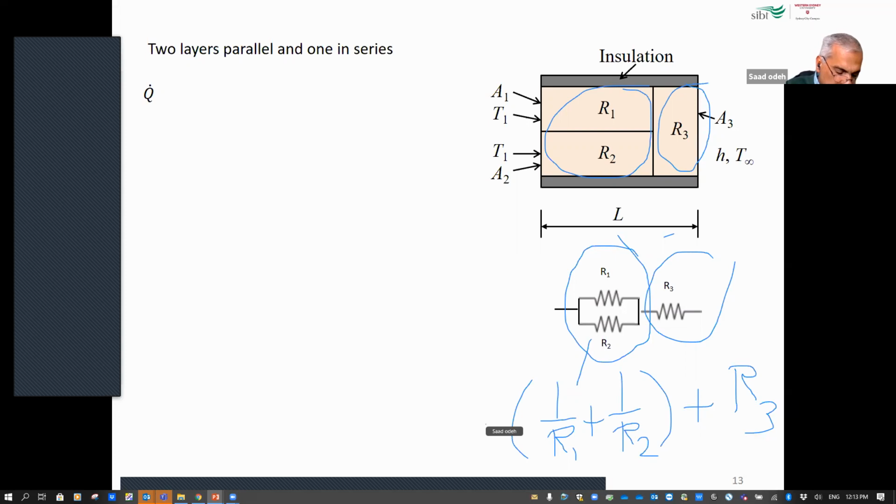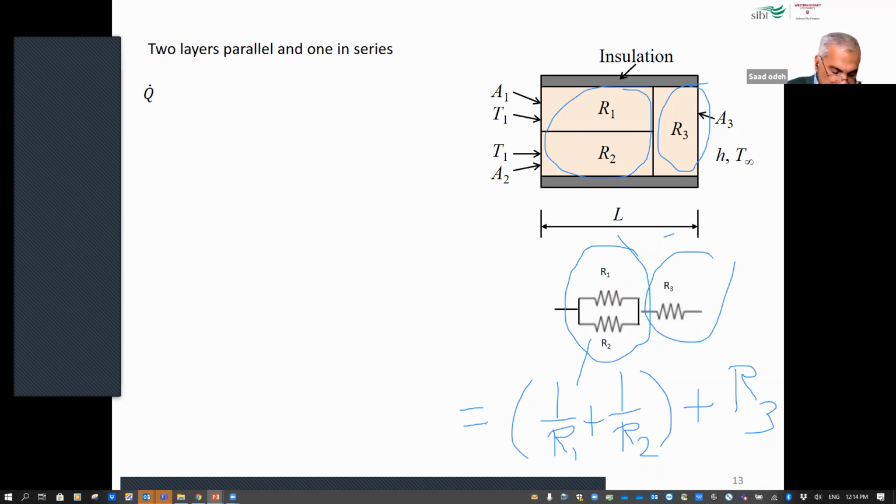This will give me the total thermal resistance. Of course, after I find the parallel one, I should take the R total for that one and then add it to R3.